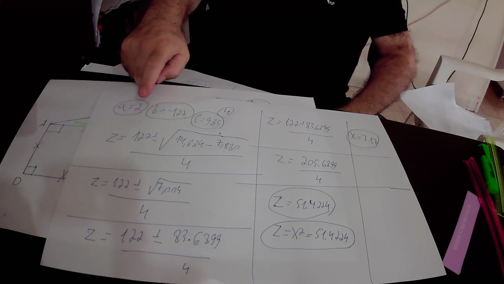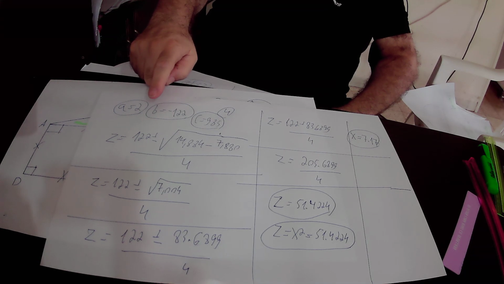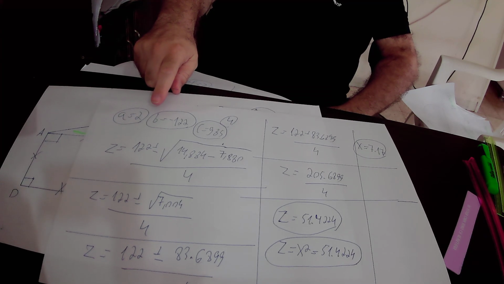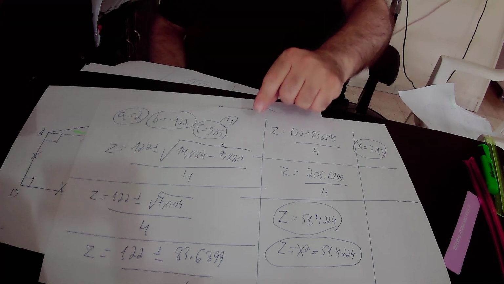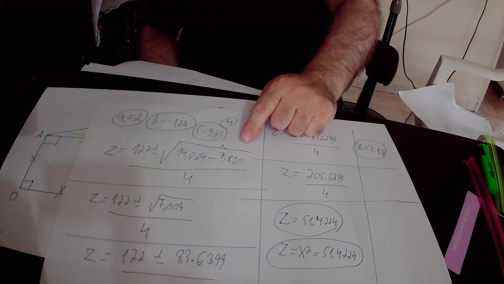So we put the data inside the equation, and we found out that z equals minus b. B is minus 122, therefore minus b is 122. So 122 plus minus the square root of b squared.